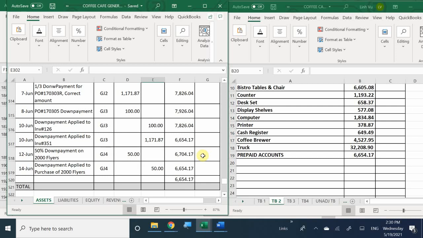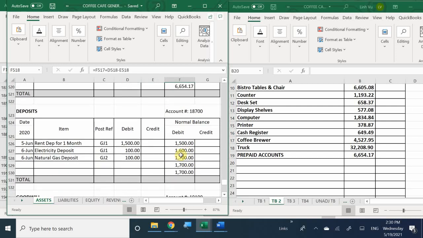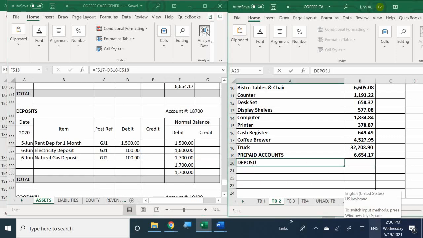The one above it is 6704. All right. Next account we have here are my deposits. My deposits were for 1,700.